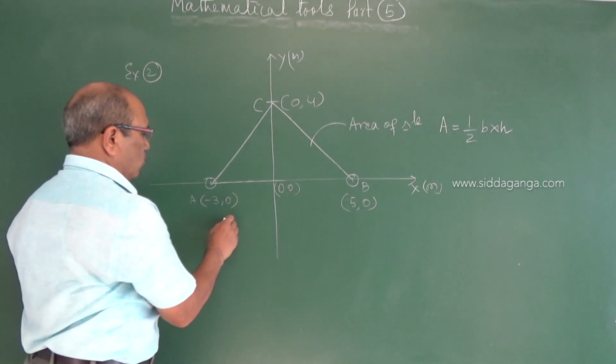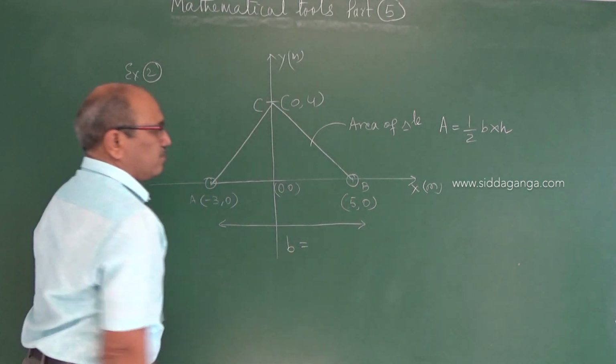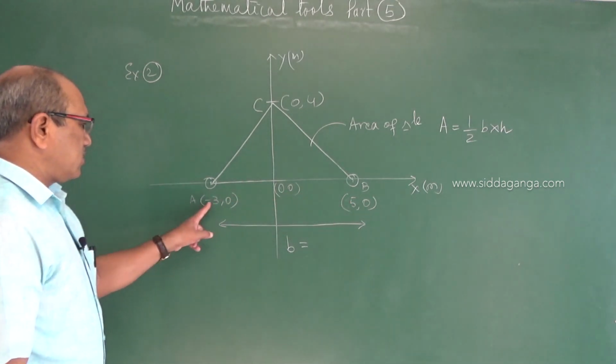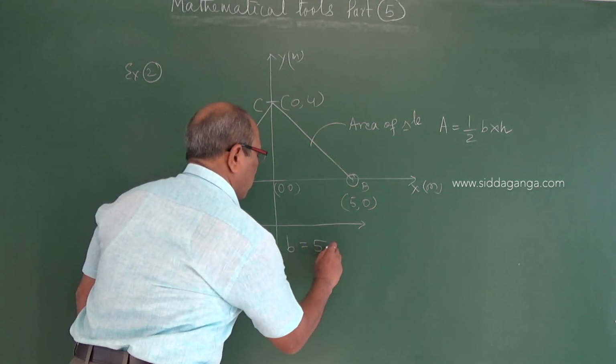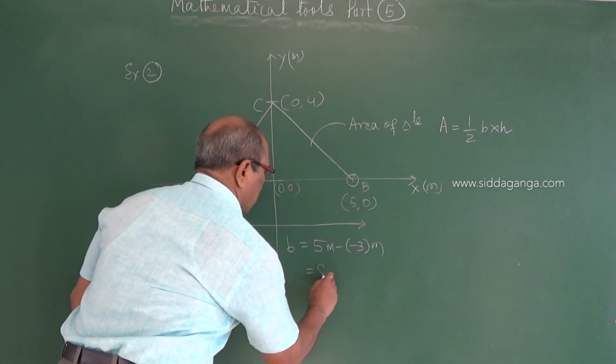What is the base? You want to know this length. What is the length of the base? 5 minus this: 5 meter minus of minus 3 meter becomes 8 meter.